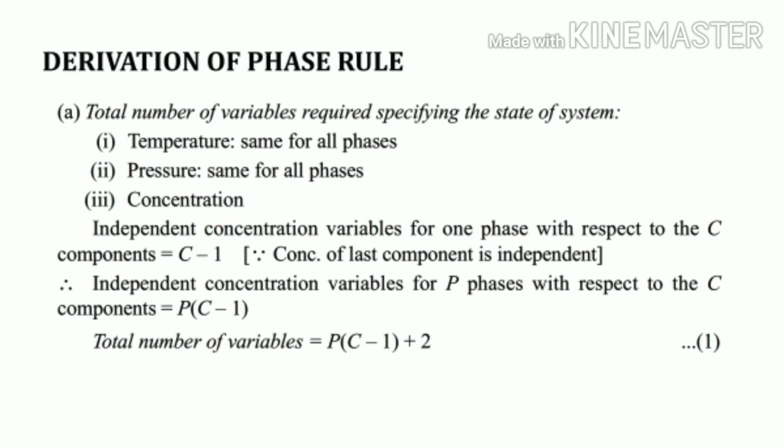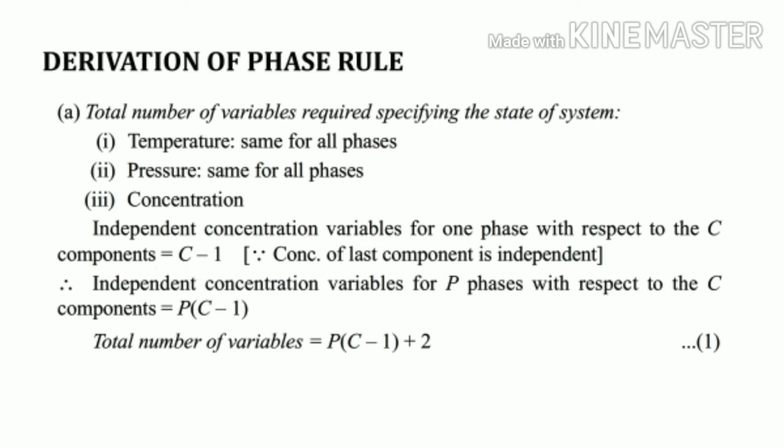The independent concentration variables for one phase with respect to C components is equal to C minus 1. Since if we know the concentration of one component for a two component system, then the concentration of the other can be determined by difference. So the concentration of the last component is not independent. Therefore, the independent concentration variables for one phase with respect to C components is equal to C minus 1.